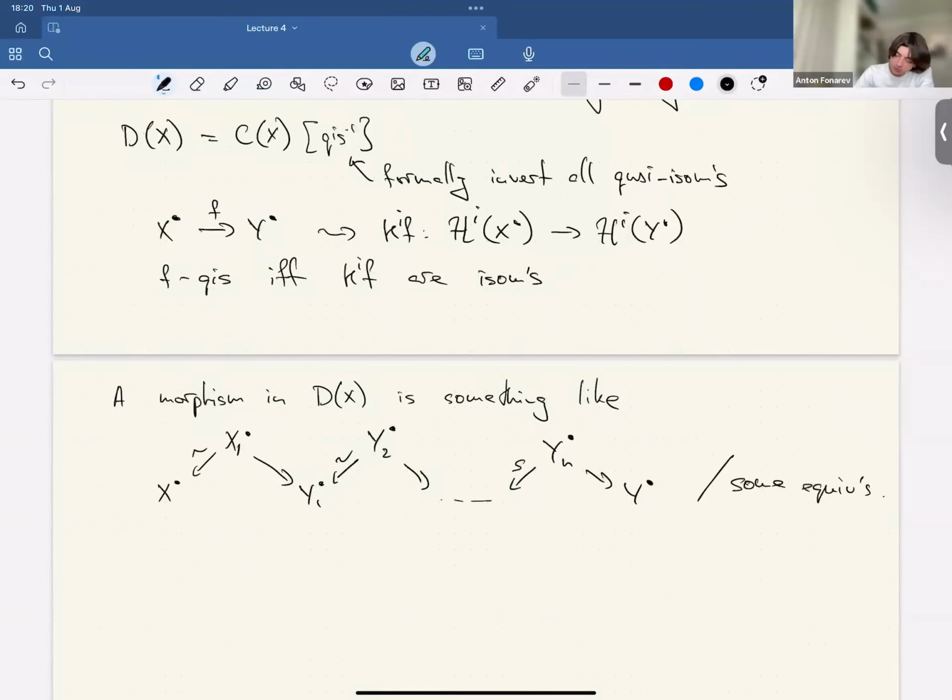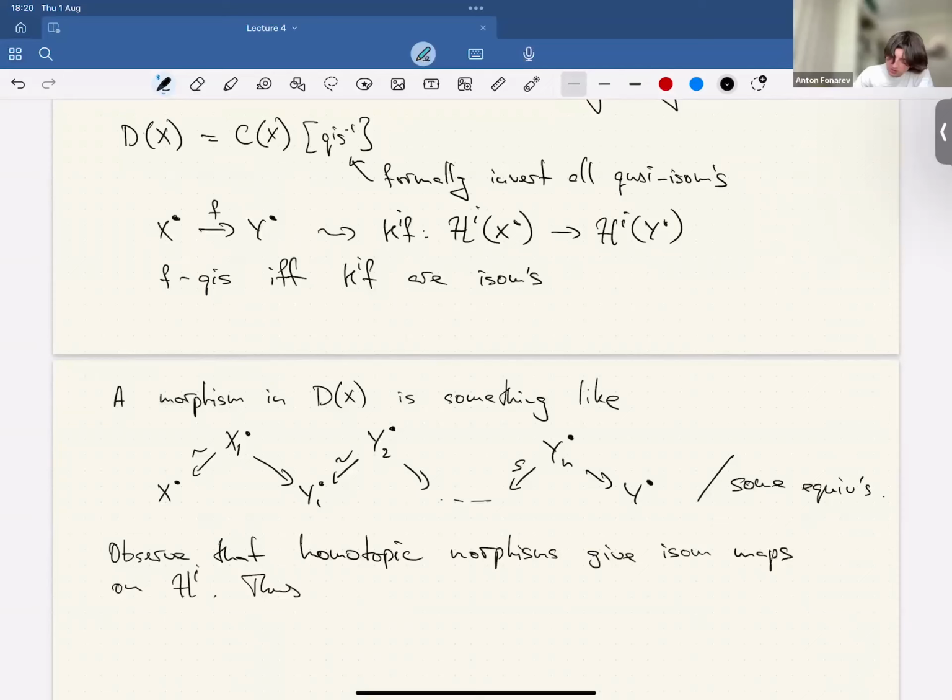And if you want to do it properly, when you start reading the literature, you can do this localization in 2 steps. You first observe that homotopic morphisms give identical maps on all Hi's.